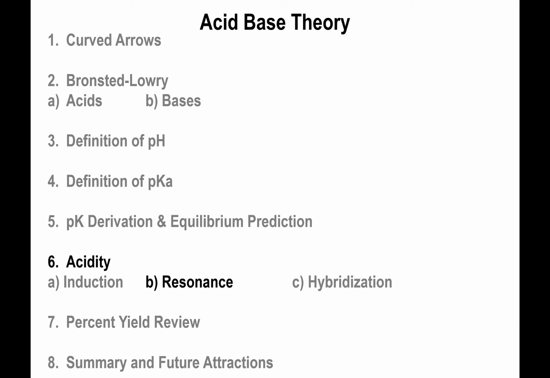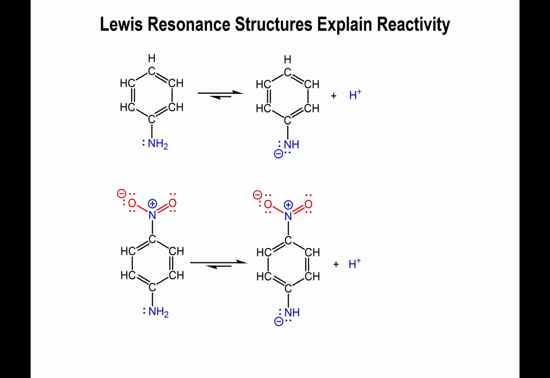Then again, there could be other situations where there could be induction present, or maybe there is no induction, and yet one molecule ends up being more acidic than another. And the effect that may be able to explain it is resonance.